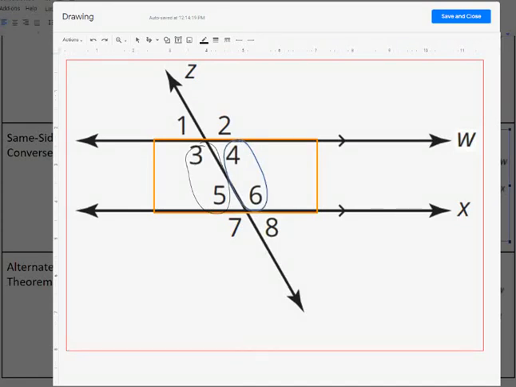So really we could say here that angle 3 plus angle 5 equals 180 degrees. Similarly, since 4 and 6 are another pair of same side interior angles, angle 4 plus angle 6 are equal to 180 degrees.